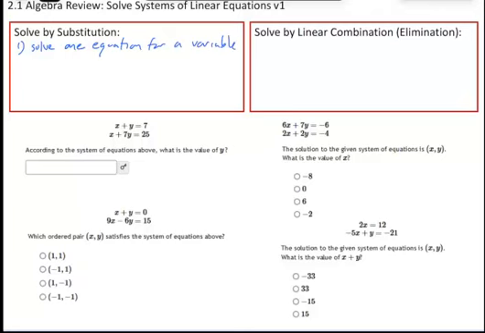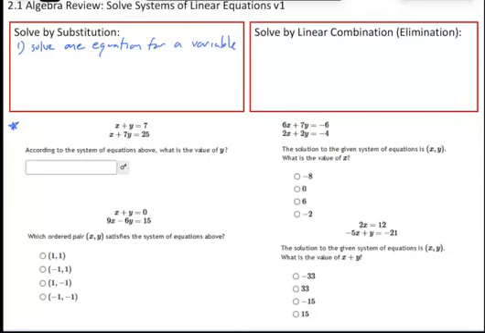Again, you're normally going to pick the variable that doesn't have a coefficient or has a leading coefficient of 1. Look to isolate that if you can. In a problem like this, you can use both methods or either method for almost all of these questions, but this would be conducive to solving by substitution.